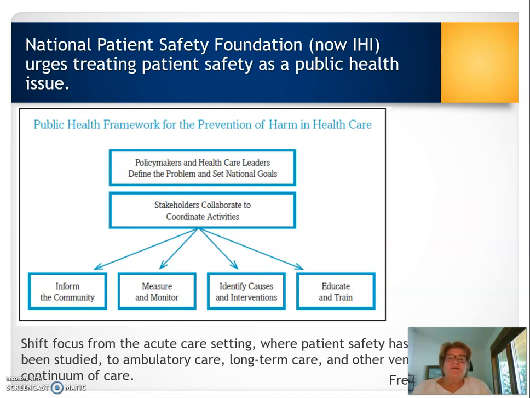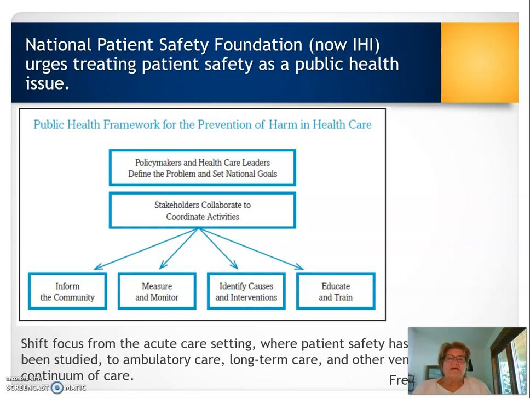So here's a diagram that illustrates that. And it can be things like health literacy, health access, access to care, health equity. I think it's been illustrated very clearly that there are health equity issues as illustrated by COVID-19.